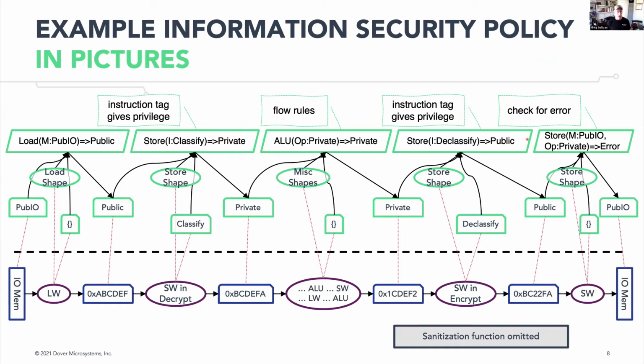This is a sort of overly detailed slide, but the idea is to see that below the dotted dashed line, there's a pipeline of RISC-V instructions, loading from memory, processing with the ALU and more memory traffic, and then more processing going back out to memory-mapped IO.